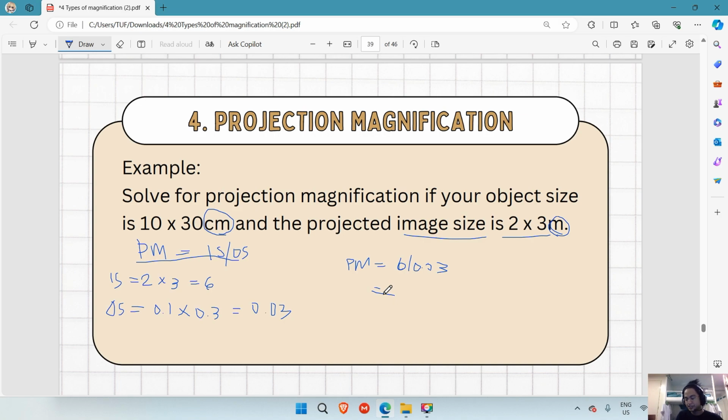So 6 divided by 0.03 is 200. And don't forget the times sign. 200 times. So this can be interpreted that, referring from the object size, the projected image is 200 times larger than the object size itself.